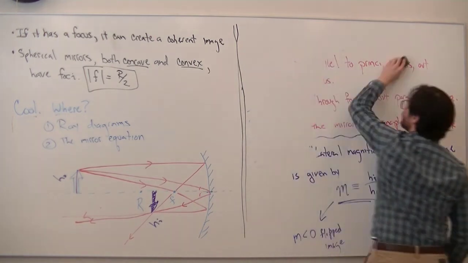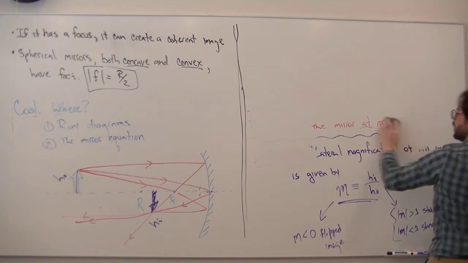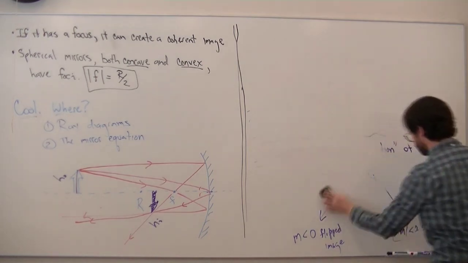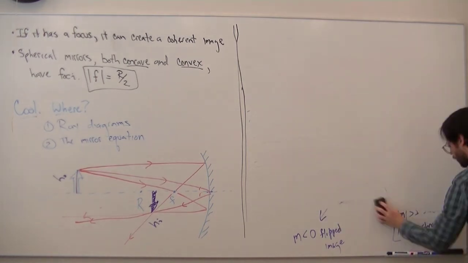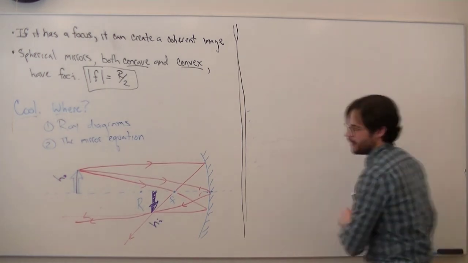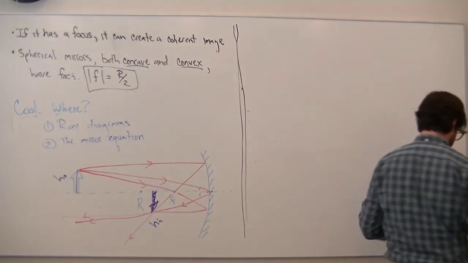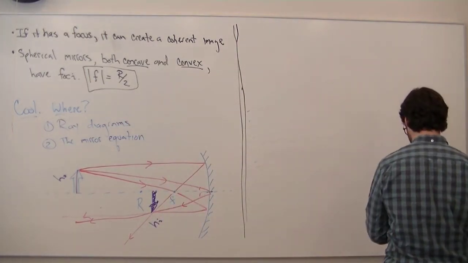So I'd also like to make a precise numerical prediction about 1, where that image actually shows up, and 2, what is the magnification of that image, or what is the image height. And to do that, we need an actual equation. So we'll sketch the derivation of the mirror equation.